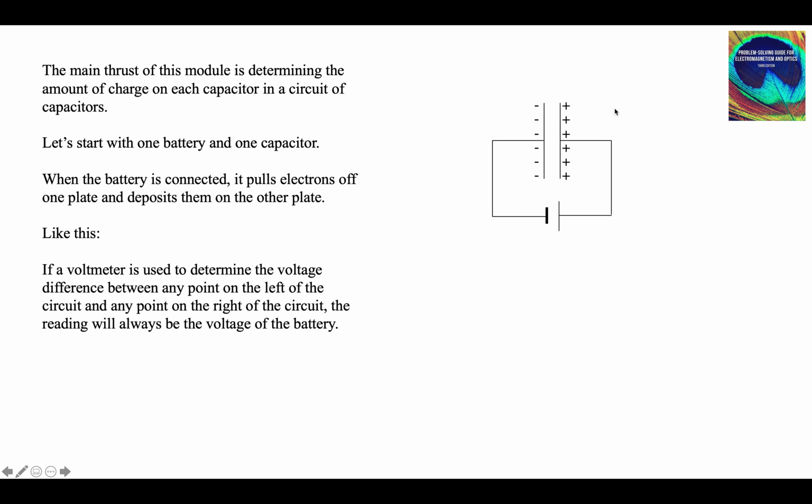If you use a voltmeter to measure the voltage difference, any point on the right side is 12 volts different than any point on the left side. It doesn't have to be on the plate. If you stick a voltmeter on the wires, it's going to read 12 volts. On the plates, 12 volts.